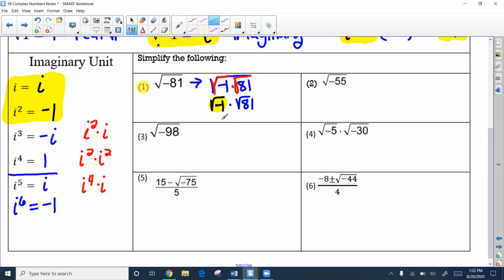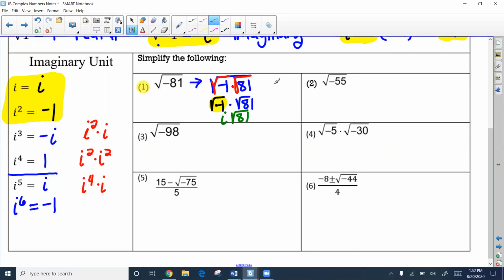Okay. So as we hopefully know, square root of negative 1 is i. So square root of negative 1 can be replaced with i, and square root of 81 is still under the radical. However, in this case, square root of 81 is a whole number. It's a perfect square. So square root of 81 is 9.